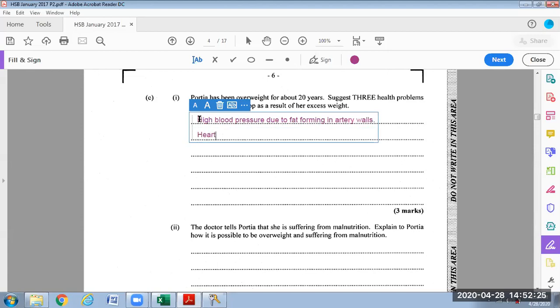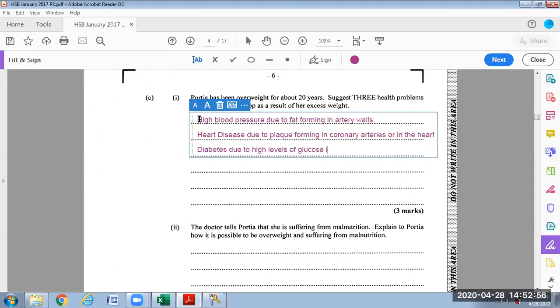Heart disease due to plaque forming in the coronary artery or in the heart. And then also diabetes, due to high levels of glucose in the diet.